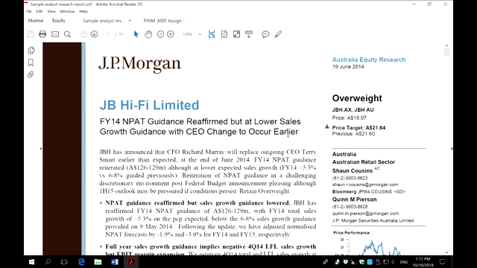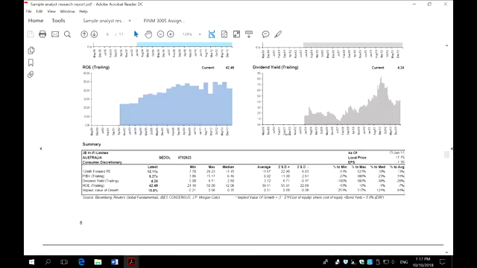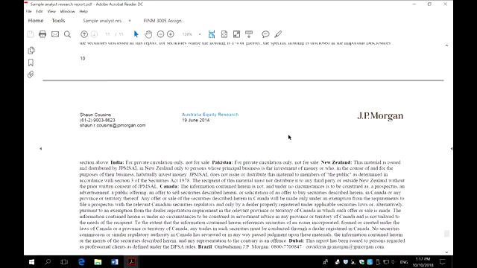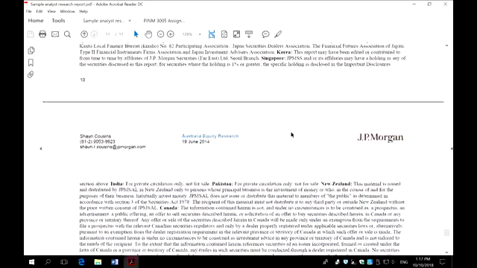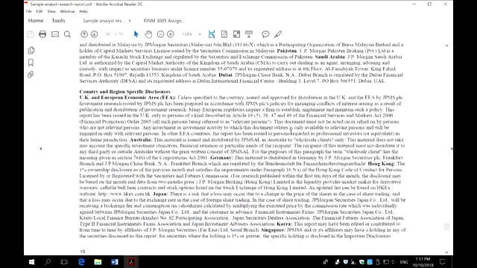And at the end, you will have the disclaimers. You don't really have to have this in your research report, but if you want to make it look like a professional analyst research report, you can do this.